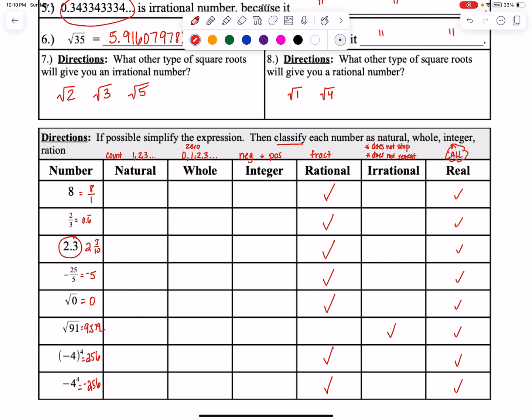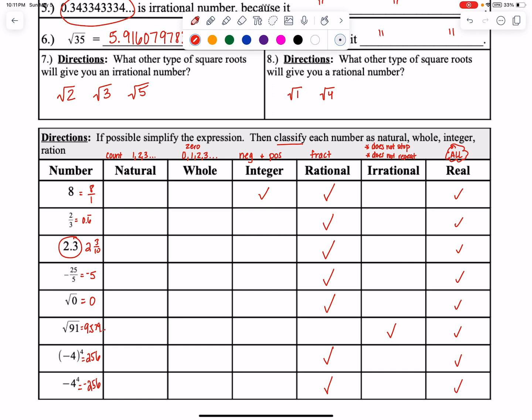All right, now let's go to our next category, which is integers. So see how I'm working my way backwards. Are there any that are negative and positive numbers on this list? The number 8. Now, here's the thing, though.